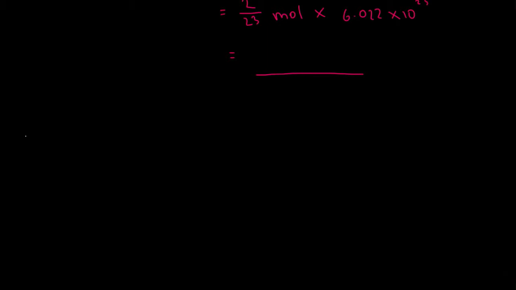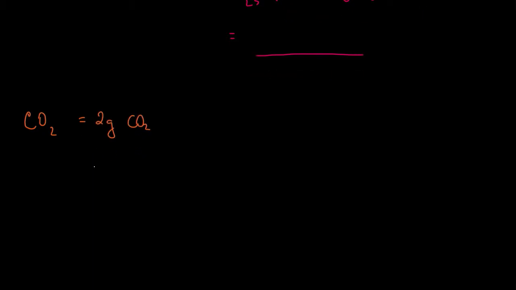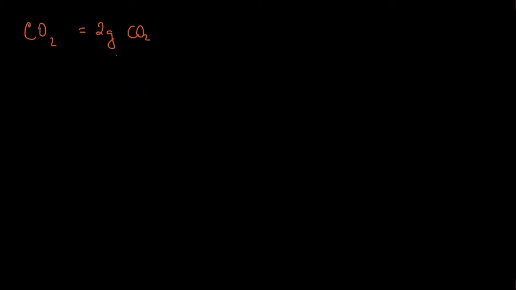But it gets relatively tricky when you have, say, a molecule such as CO2. If you have, say, 2 grams of CO2, you need to find out the number of atoms.